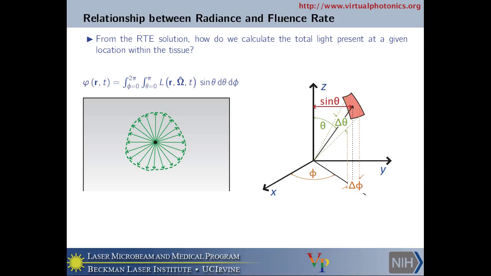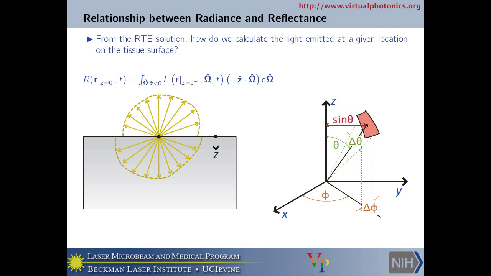If you replaced L with a constant, that would mean that you're dealing with an isotropic field, right? You're assuming the same magnitude in all directions, okay? But it's this directional dependence that allows you to take care of any angular variations of light propagation.